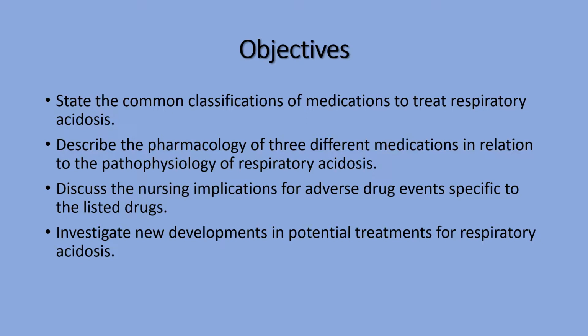You'll be able to discuss the nursing implications for adverse drug effects specific to these drugs when treating respiratory acidosis. And you'll be able to discuss as well as investigate new developments and potential treatments for respiratory acidosis. Stay tuned, because here we go.